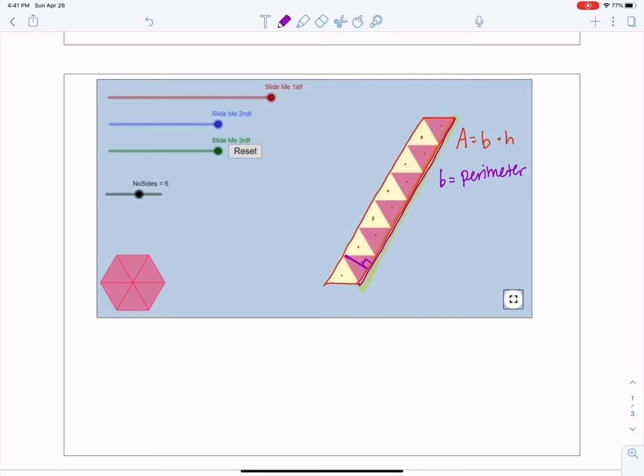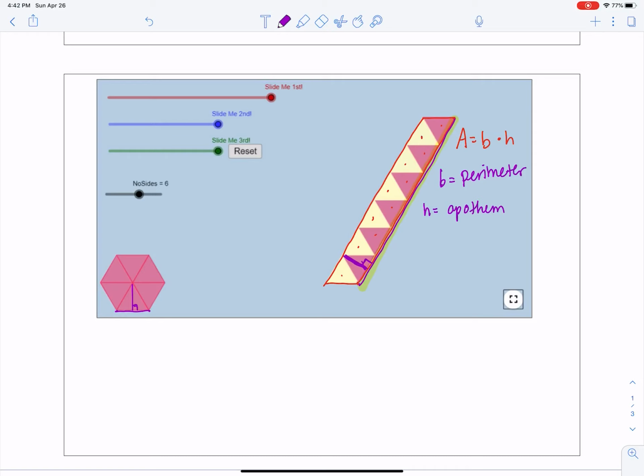So the base is actually the perimeter. And then the height here, that's perpendicular, it is actually a segment called the apothem. It's a special segment that's perpendicular to the sides of the polygon. You can see it here is the same spot that it would be. And so we use that to find the area.